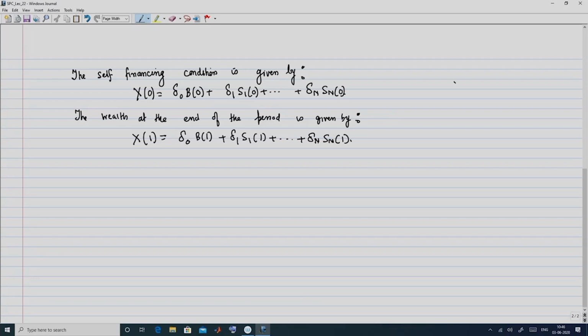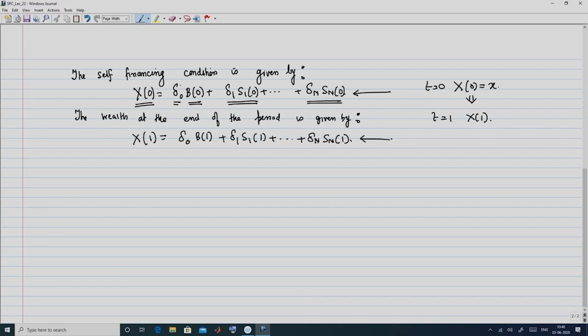So, what do you have here? Basically we start off at time t equal to 0 with the wealth level x of 0 equal to x, and this at time t equal to 1 has the value of x of 1 given by this relation. So, how do you get x of 0? Remember that you have invested in delta naught number of bonds at time 0 and in delta i number of stocks Si at time 0. So, this expression is the total investment that you have at time t equal to 0, and this must exactly match the amount of money that you have in hand, namely x of 0.